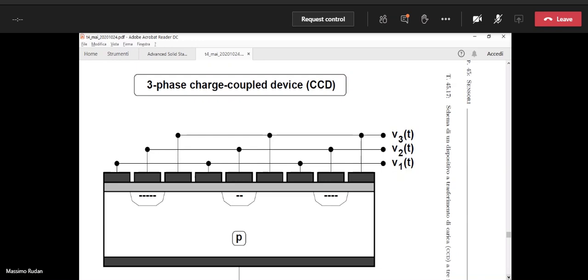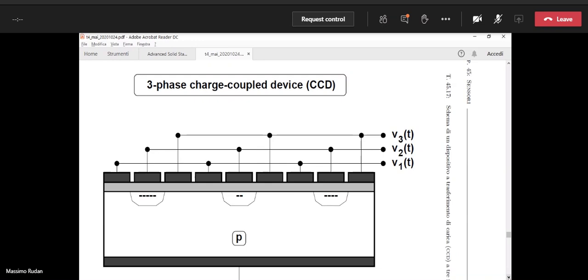The first observation is that in this implementation, the metal gates seem to cover almost completely the structure, so light could, in principle, never get into the semiconductor. However, in these implementations, the gate contacts are not necessarily made of metals.